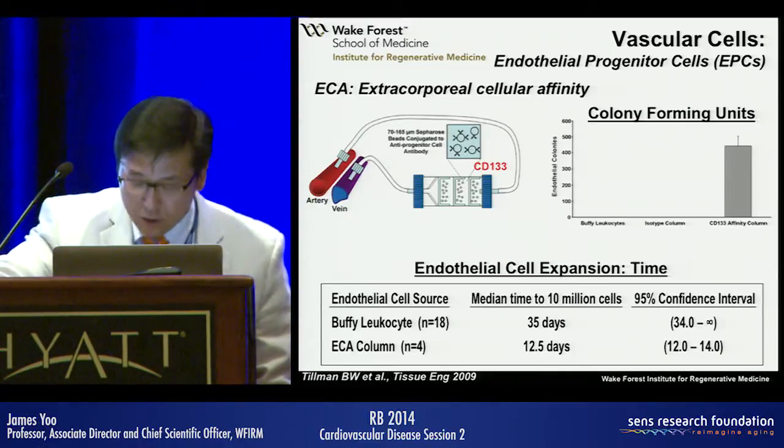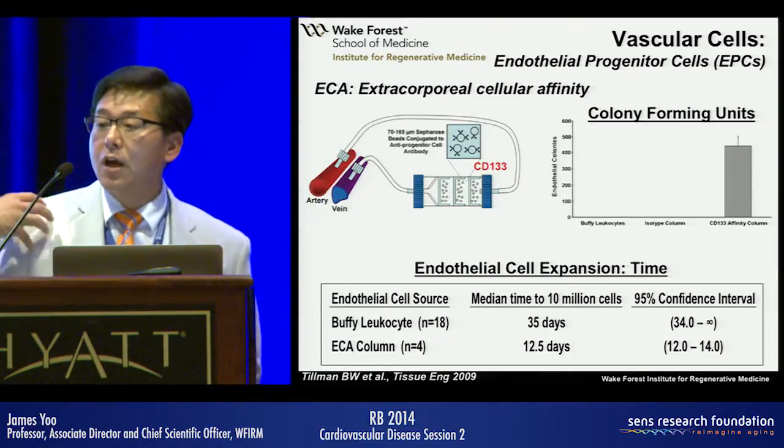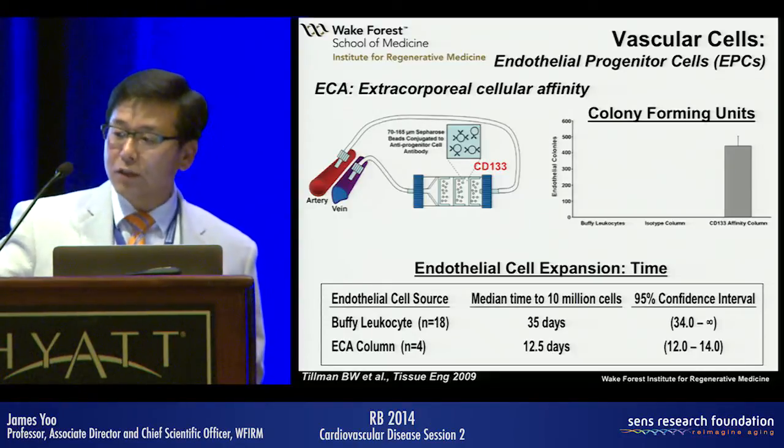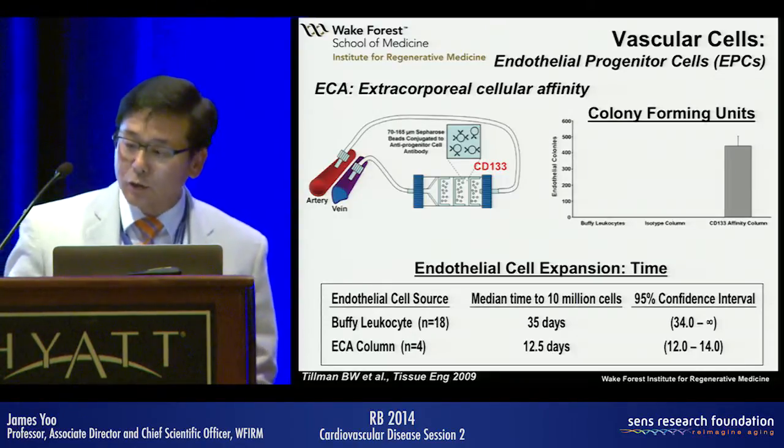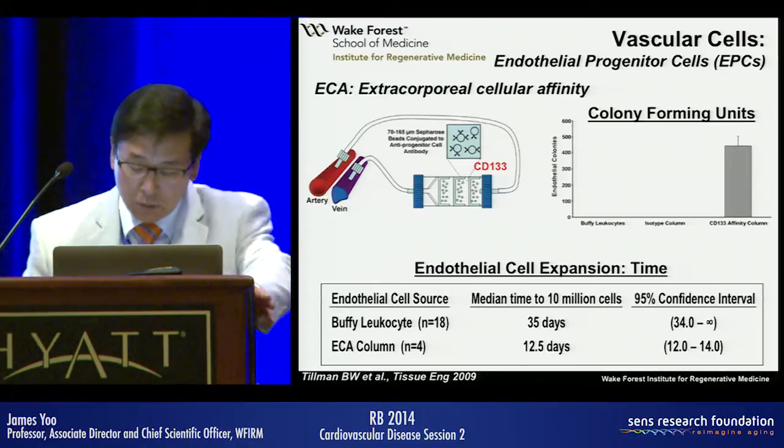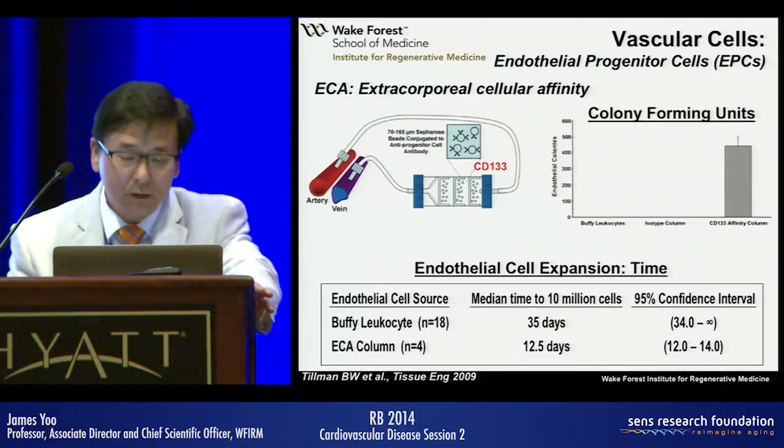When you compare it to a conventional method where you would take 50 cc's or 100 cc's of blood, take it out, and then use the buffy coat to grow the colony.